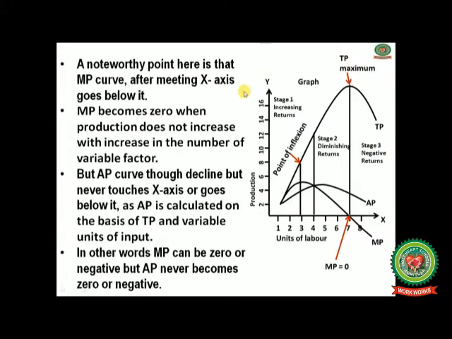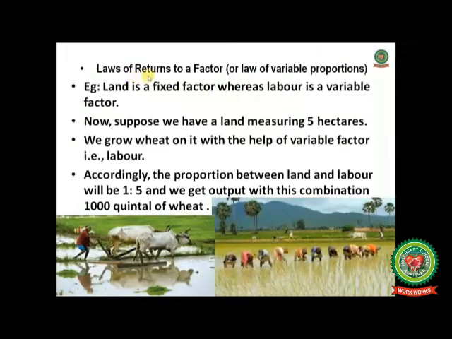Okay. Now next is the laws of returns to a factor, or the law of variable proportions. Let us understand it with the help of an example first. Suppose we have a piece of land of 5 hectares and we want to grow wheat on it with the help of a variable factor, say labor.